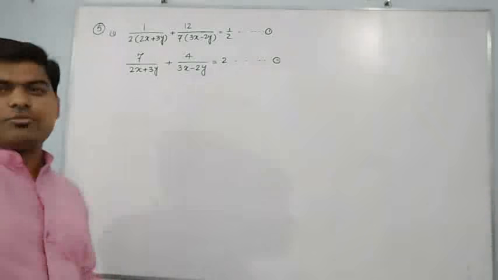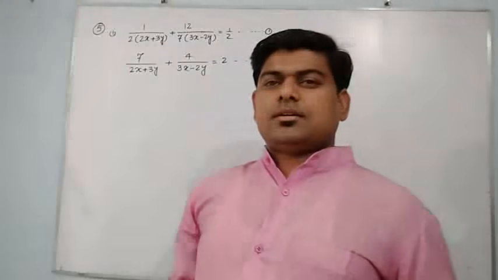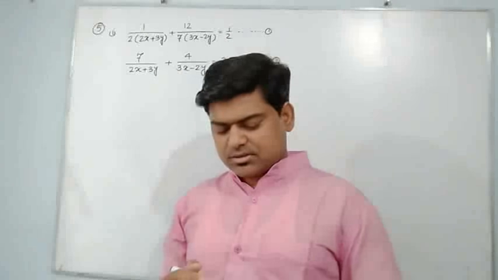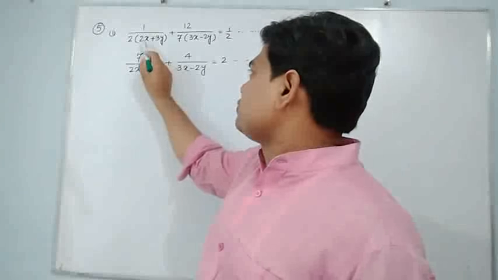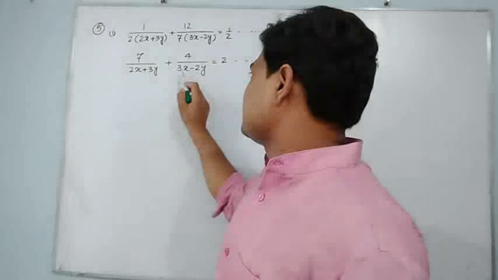Listen to me carefully, what I want to say. There are a few things I want to discuss again, which we already discussed in the last class. You can see I have here 2x plus 3y, and here 3x minus 2y, again 2x plus 3y and 3x minus 2y.